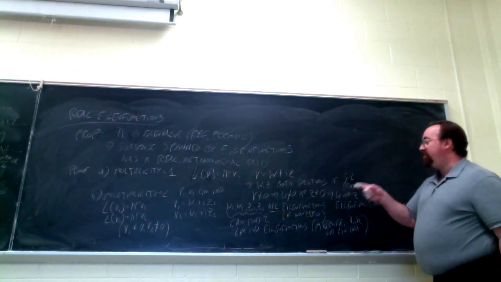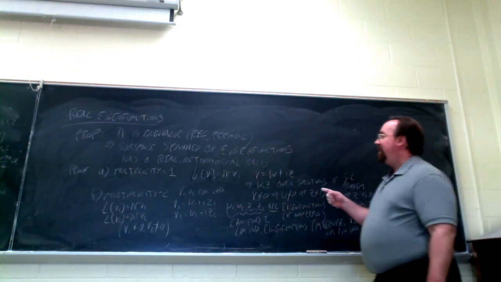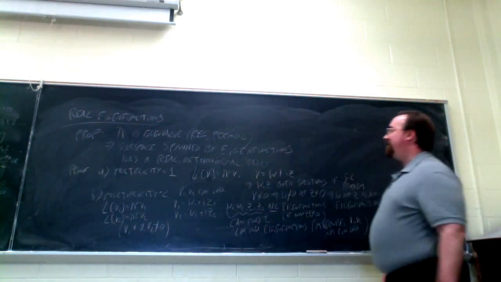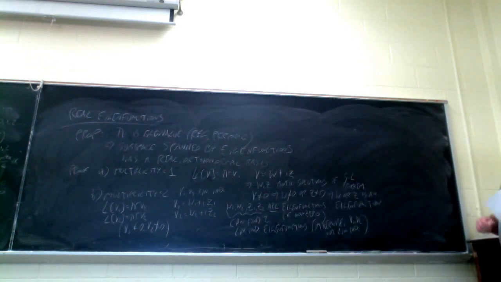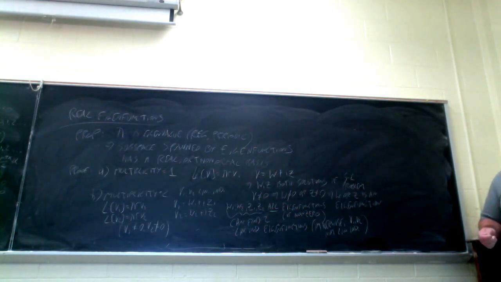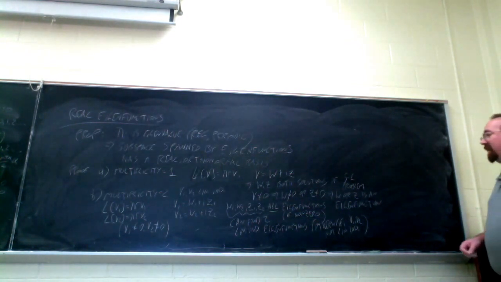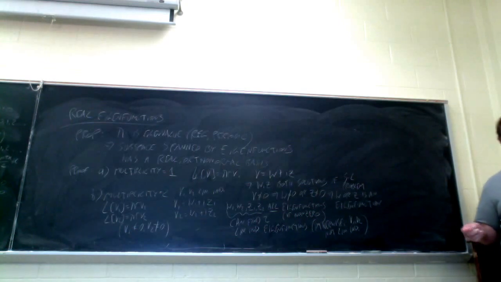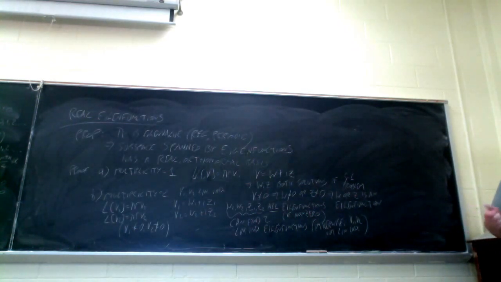So now that you have two linearly independent eigenfunctions, the proposition says that you can have a real orthonormal basis, but we only have linearly independent. If you have linearly independent vectors or functions, how do you make them orthogonal or orthonormal? What's the process that's used to do that? Does anyone remember from linear algebra? It had a name.